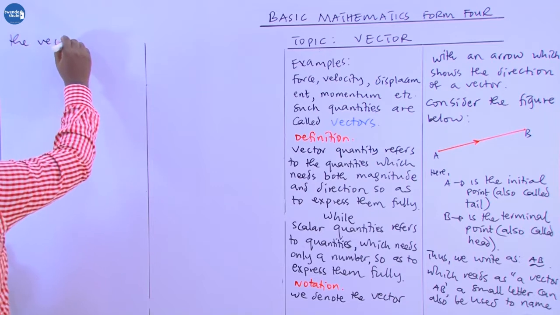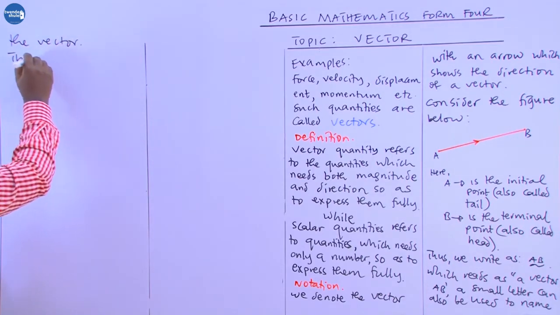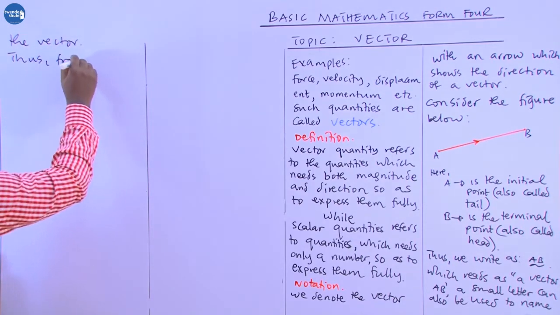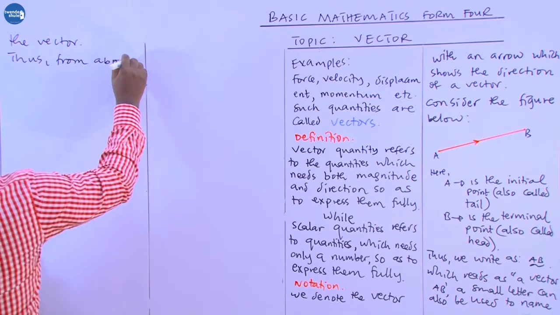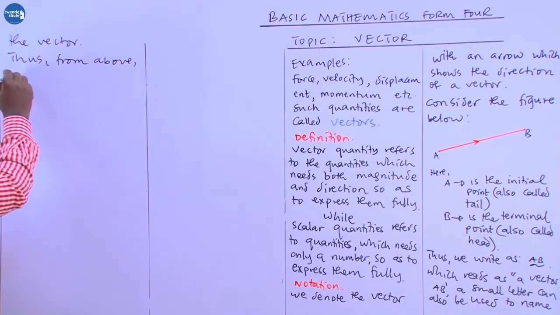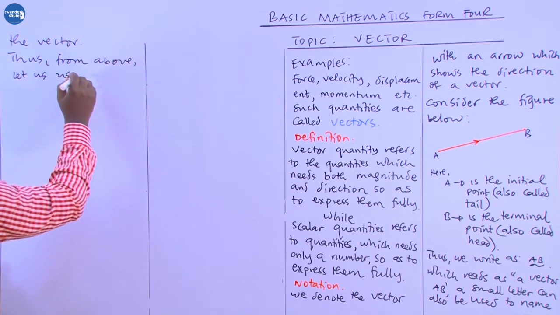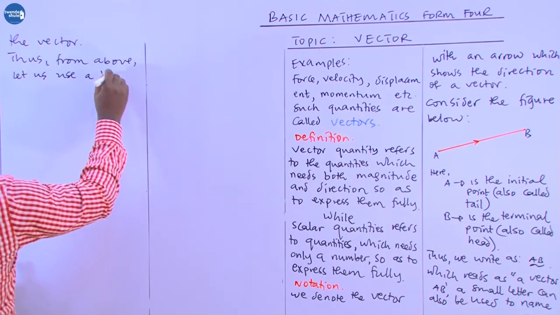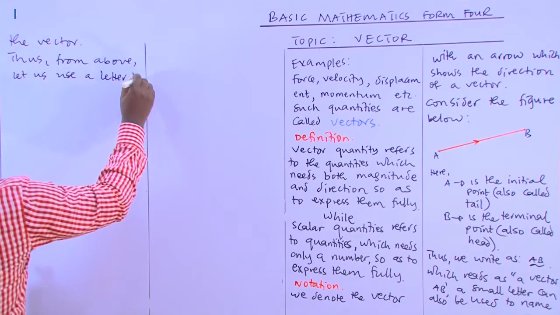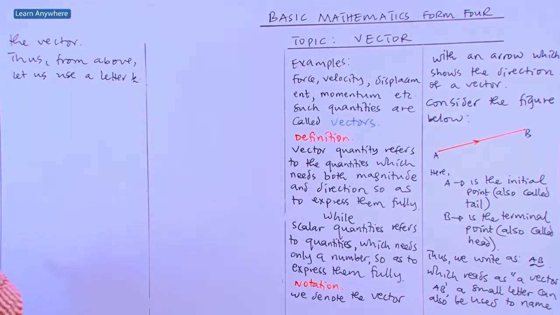So we say thus, from above, let us use a letter B. So we could see the vector could be presented like this.